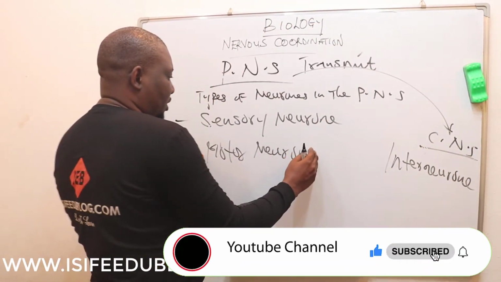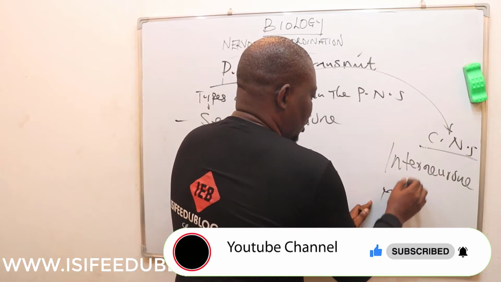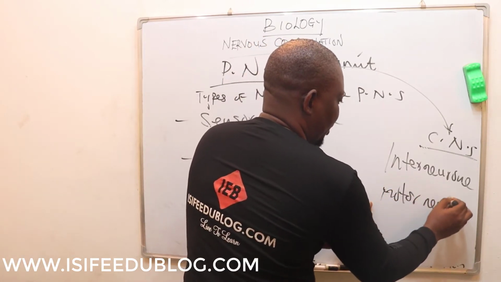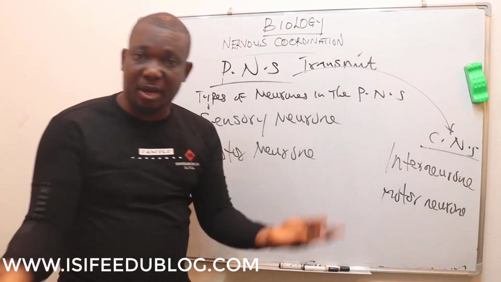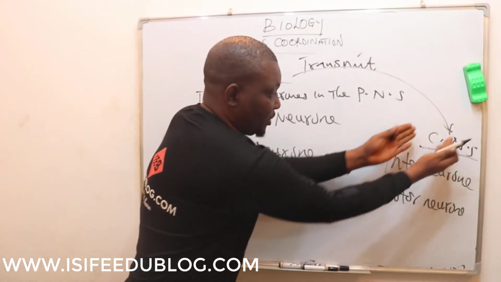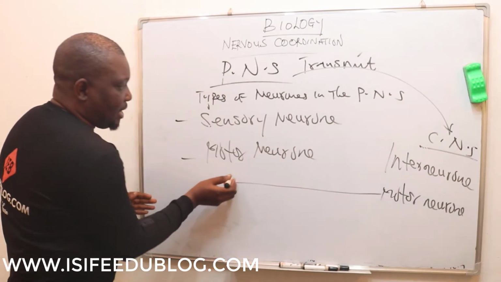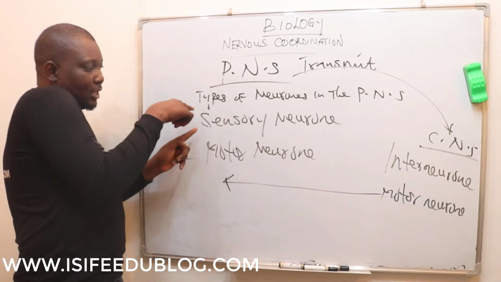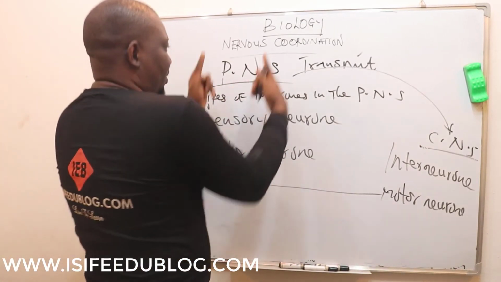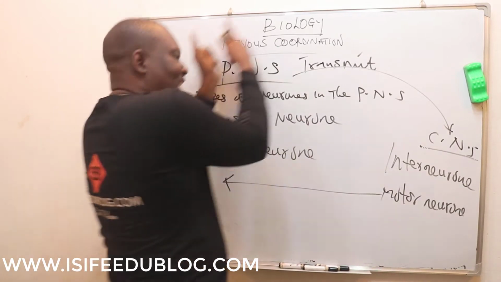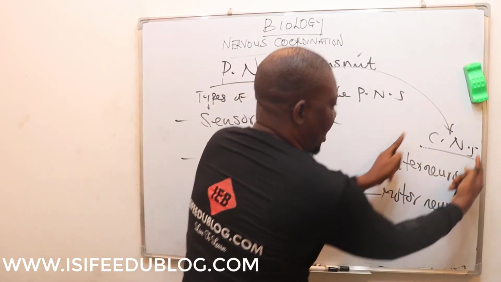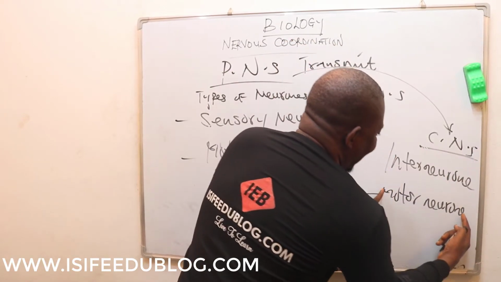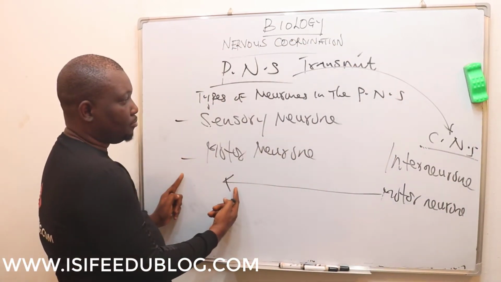So I'm going to move this motor here. The motor neuron should be here, because it begins from the CNS. It is not a part of the CNS, but it begins from the CNS and extends its work to the PNS. The sensory neuron begins from the PNS and extends its work to the CNS.